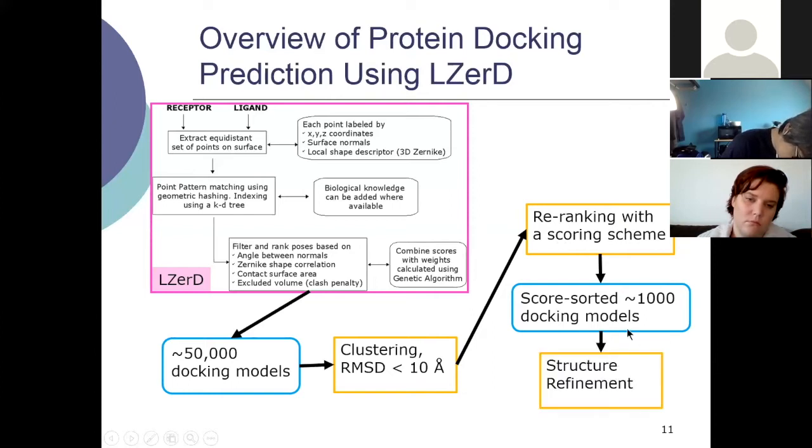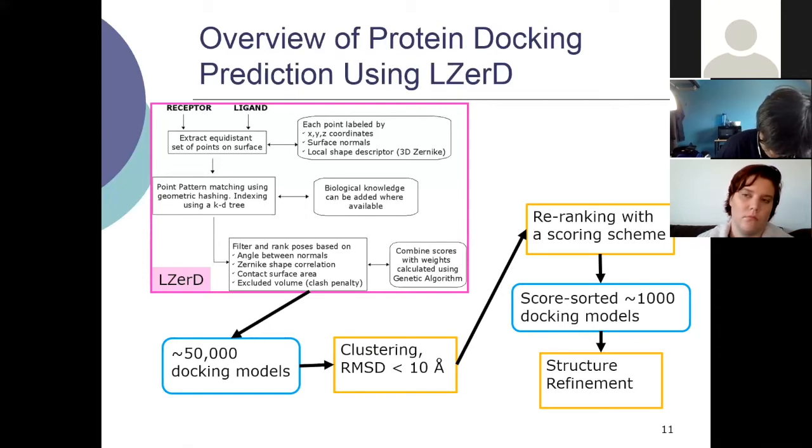Finally, we have a sorted list, and for the top 10 or 20, or whatever you want, we do molecular dynamics-based refinement to make sure the atoms are not clashing and are in reasonable physical orientations.